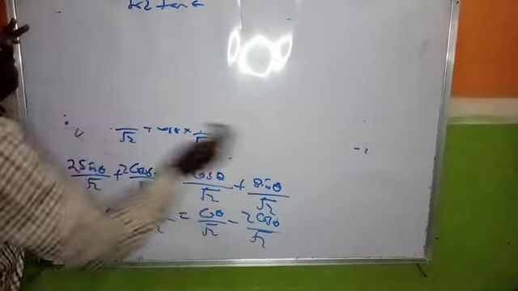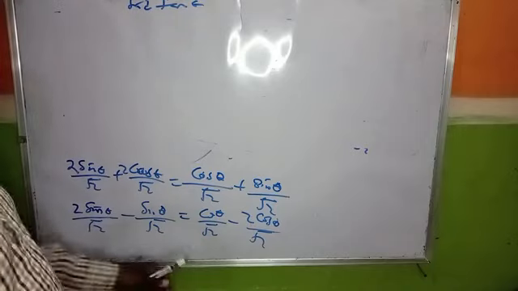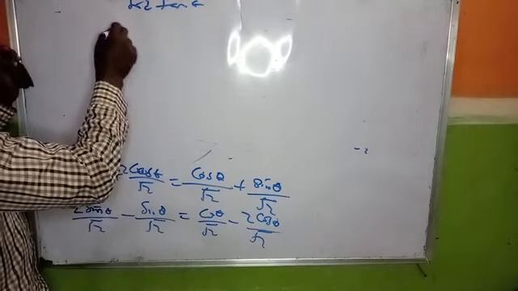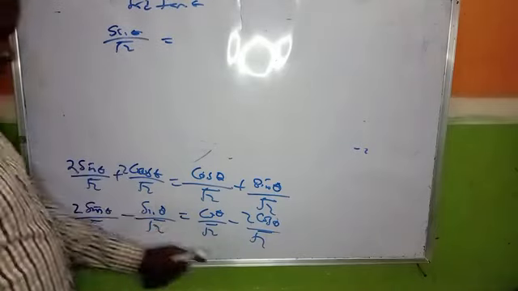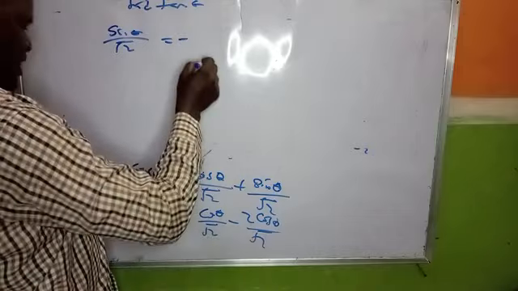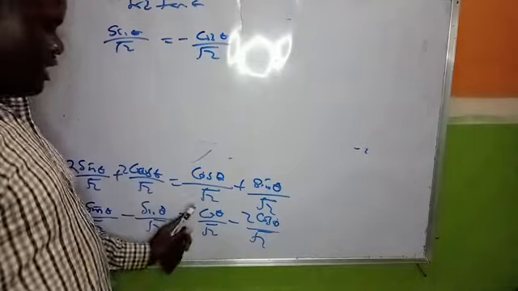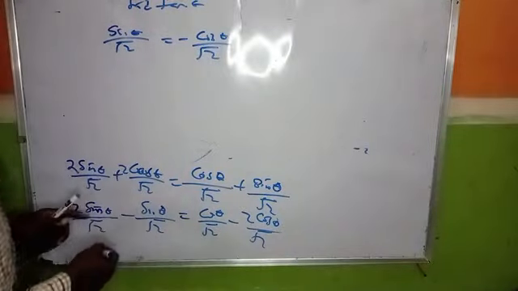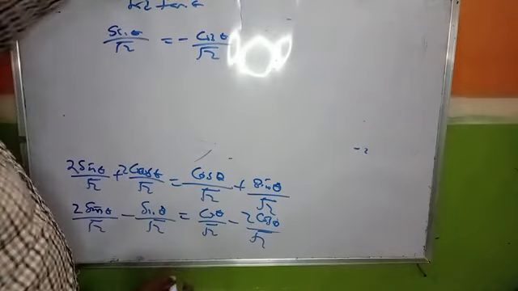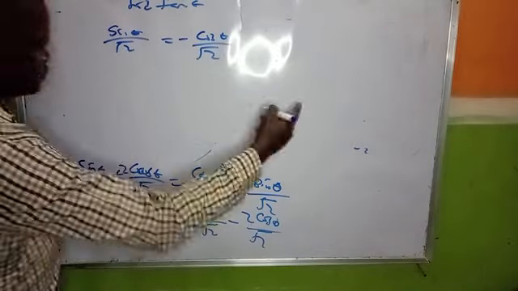So you have that. Now look, this by 2 minus 1, you will have sine theta over root 2 equal to minus cos theta over root 2, because 1 minus 2 will give you minus 1. So what you have to find is tan, and tan is your sine over cos. So what you do is that you divide through by what?